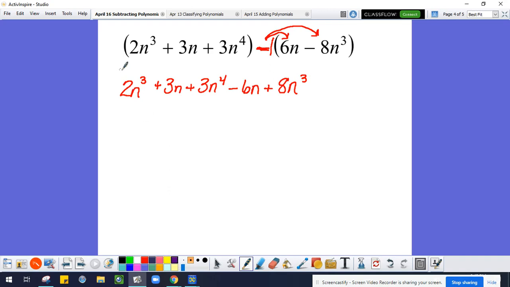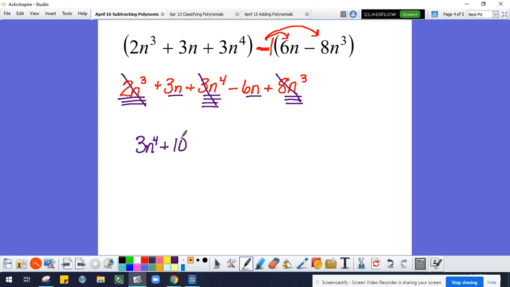Then I'm going to keep up my strategy of identifying the exponents. So this is third power, first power, fourth power, first power, third power. Fourth power is my highest, so I'm going to take 3n to the fourth. There's only one term. But I have 2 terms to the third power, positive 2 and positive 8 together.